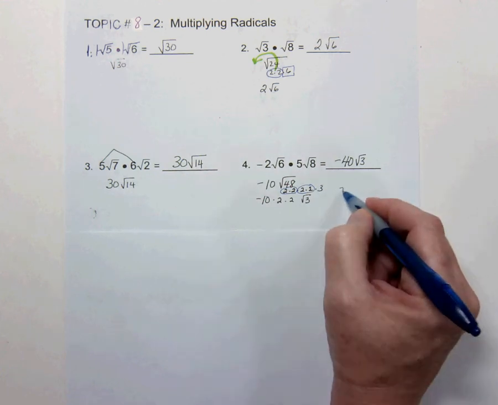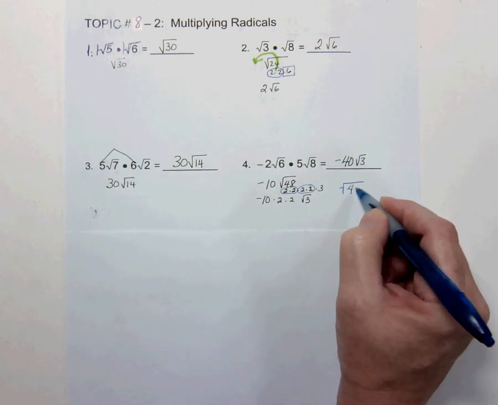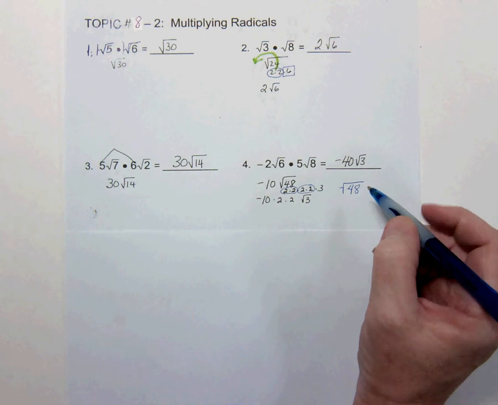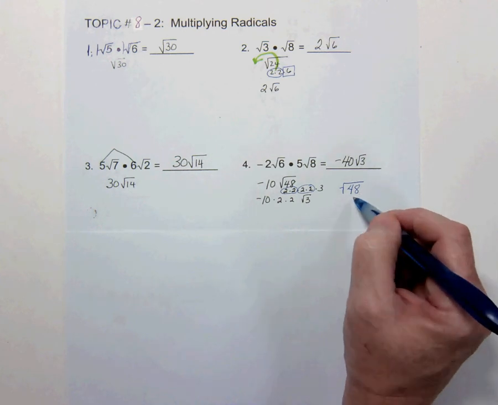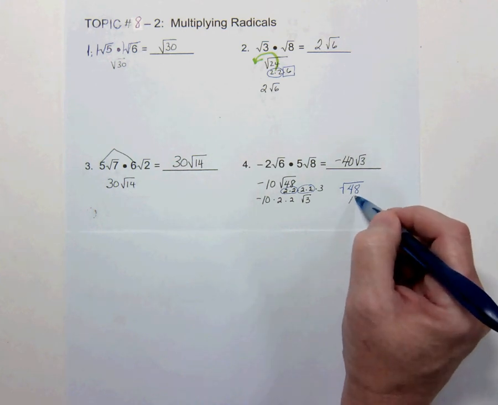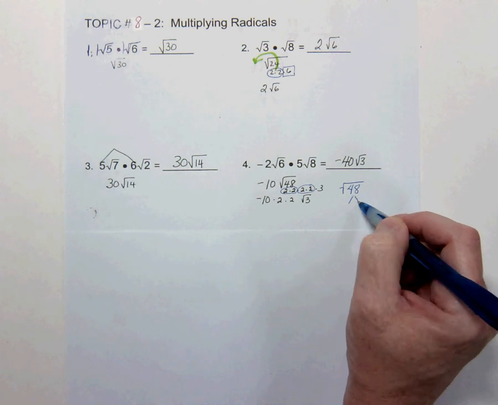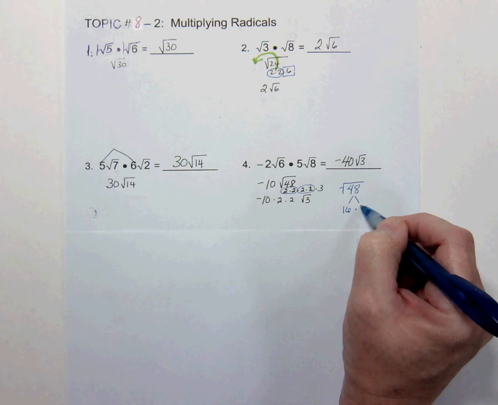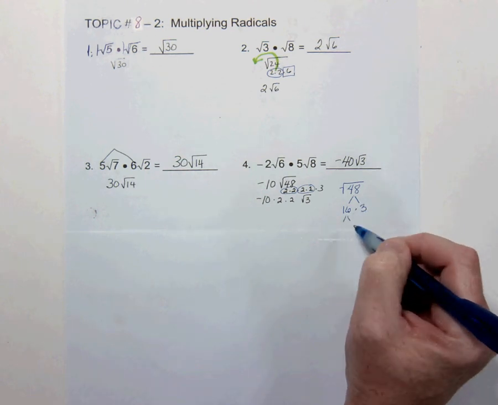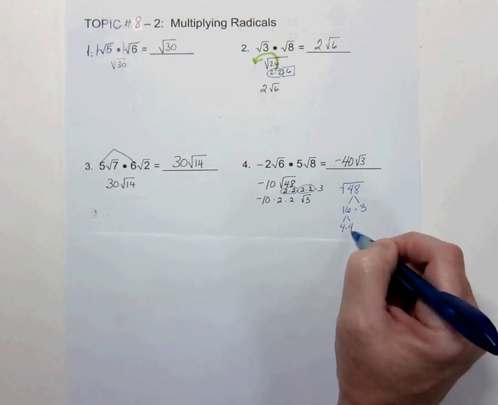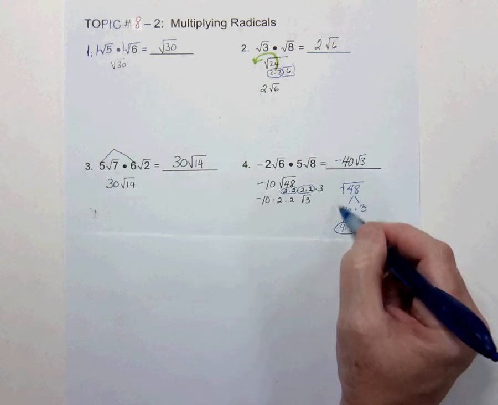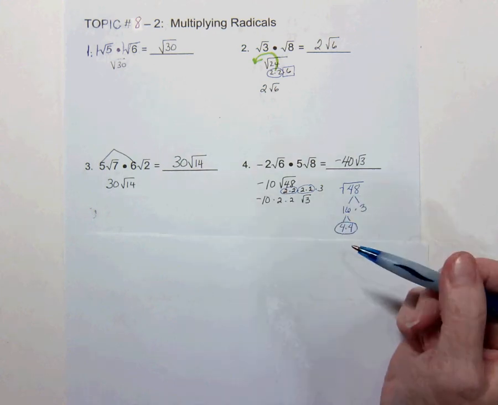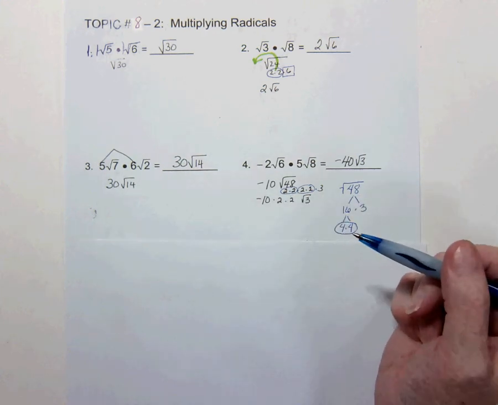So if you want to put it in your calculator, we learned in the last topic how to put this in y equals and find the factors. This would actually be 16 times 3. Well, 16 is a pair of 4's. So you can think of it this way or this way, however you like to simplify this.